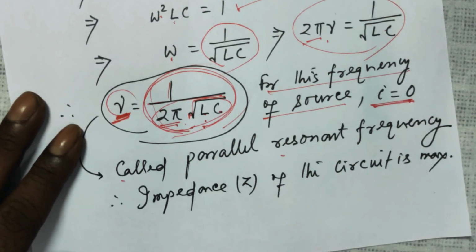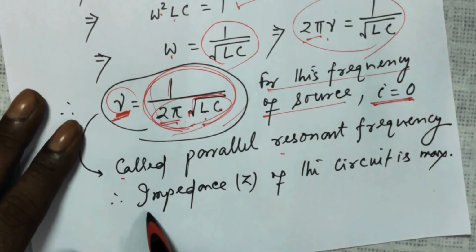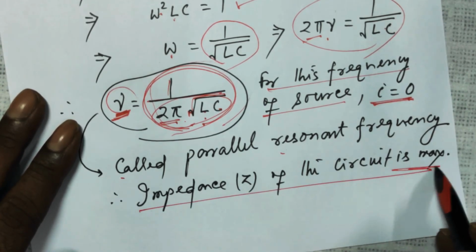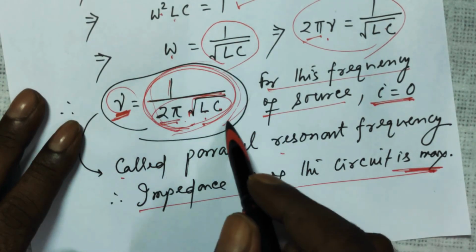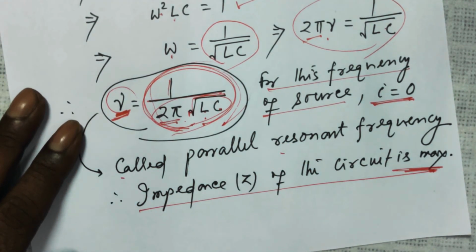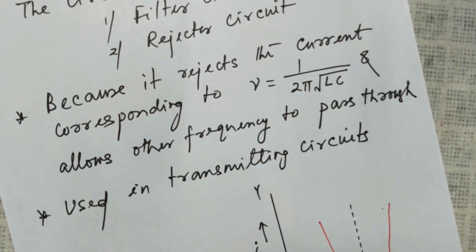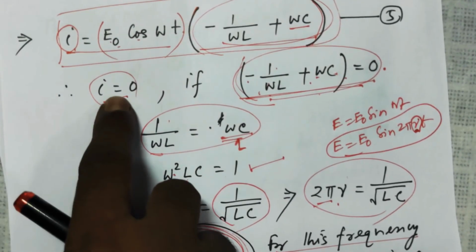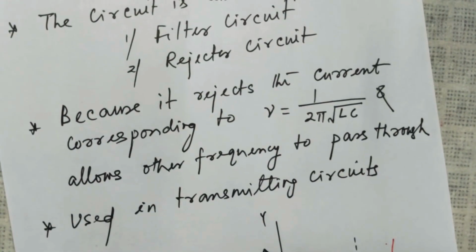So what is the conclusion? The circuit must be offering the maximum resistance. The other name for the combined resistance is called impedance. That is, the impedance of the circuit is maximum under this frequency of the source. The impedance is maximum and current is 0 for this frequency.